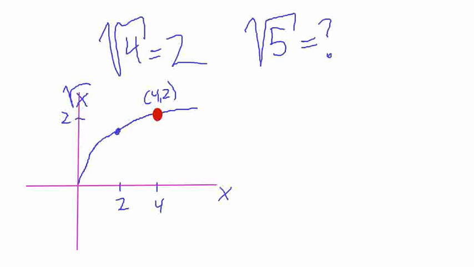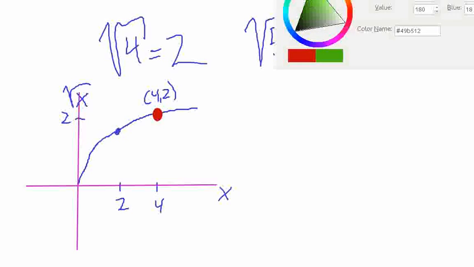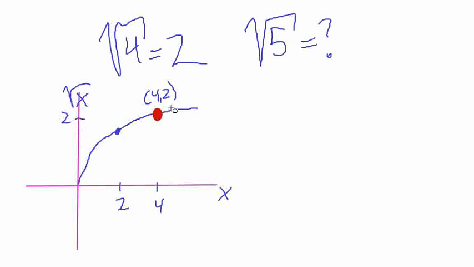What we are basically trying to do is find the y value of the green dot at x equals 5. Taking the square root of 5 is not easy.